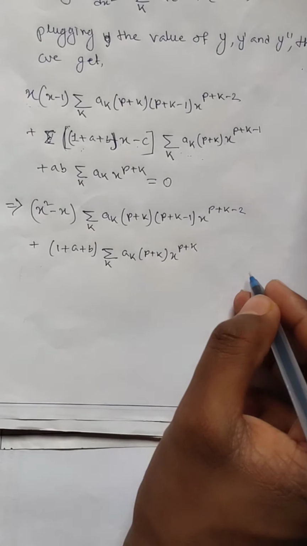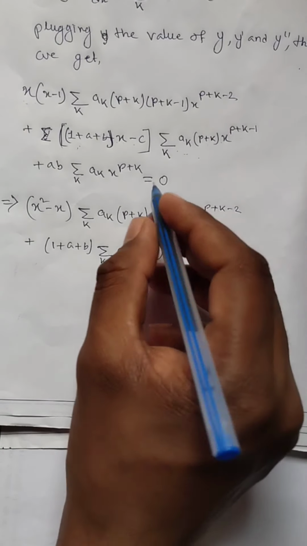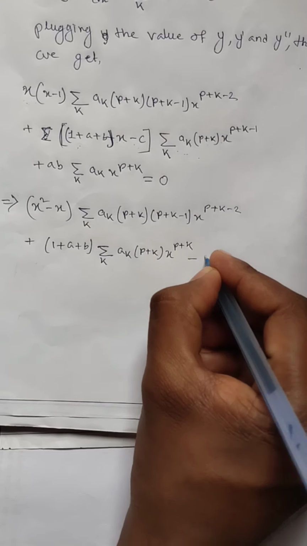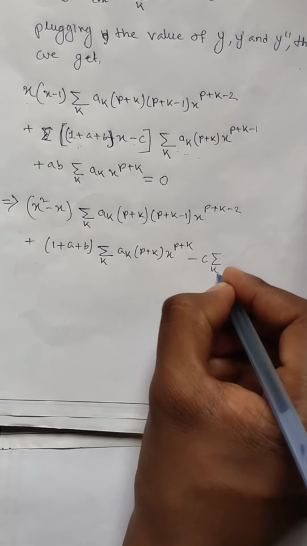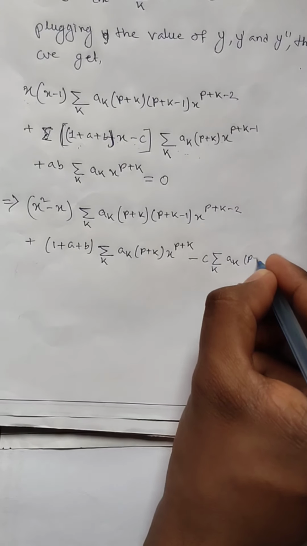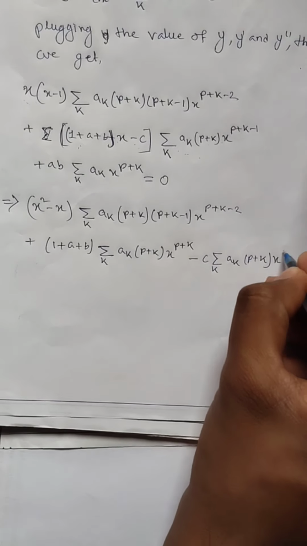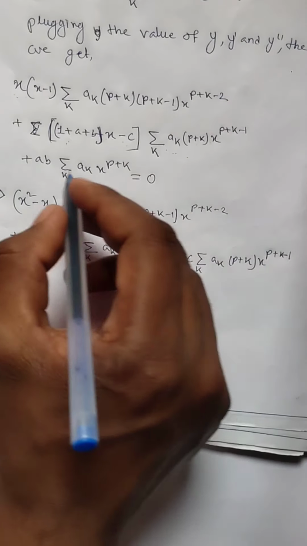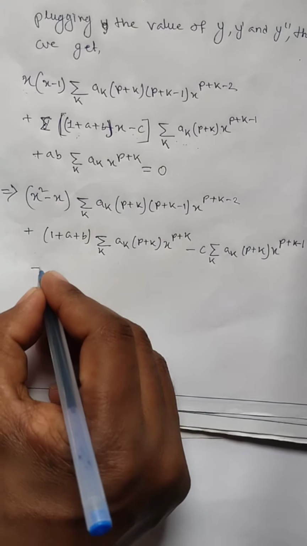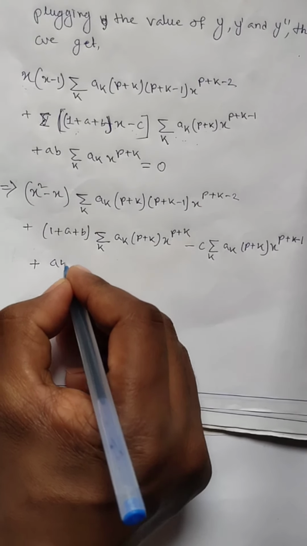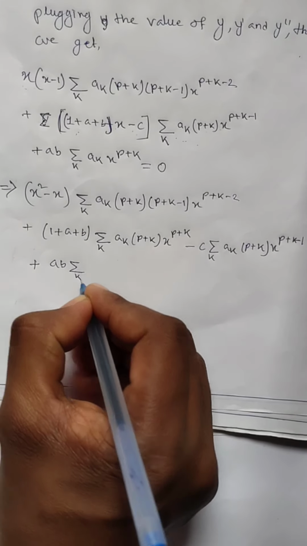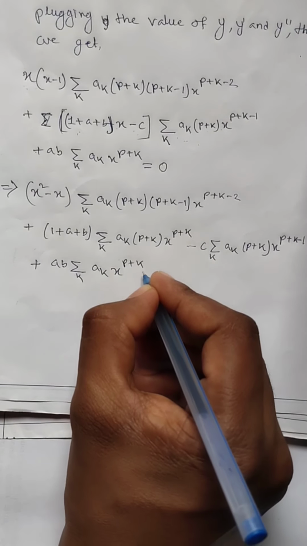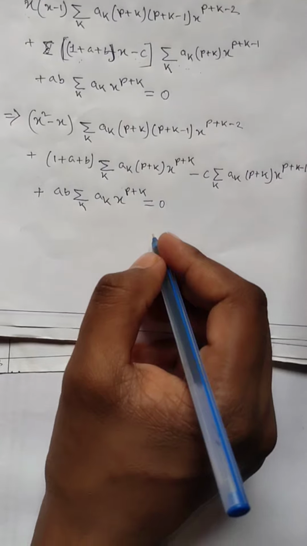And if we multiply this with this, then we get c times the summation over k of a_k (p plus k) x to the power p plus k minus 1, and lastly this term, a times b times the summation over k of a_k x to the power p plus k, is equal to 0.